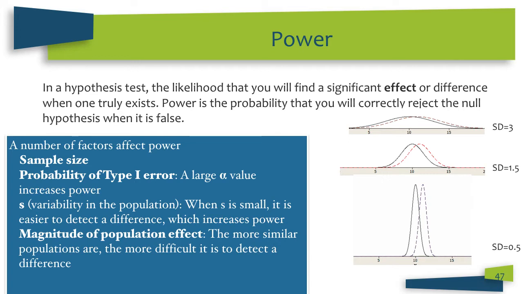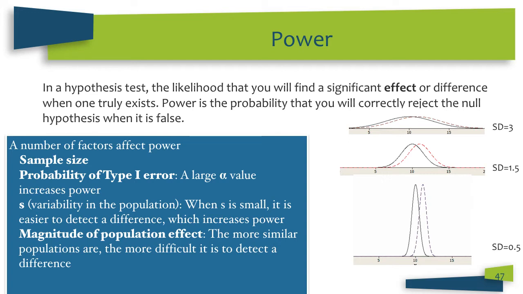Obviously, the first factor is sample size. The greater your sample is, the more your power is. Then the alpha that you choose, the probability of type 1 error. Usually with the increase in alpha, your power increases. And then magnitude of population effect.